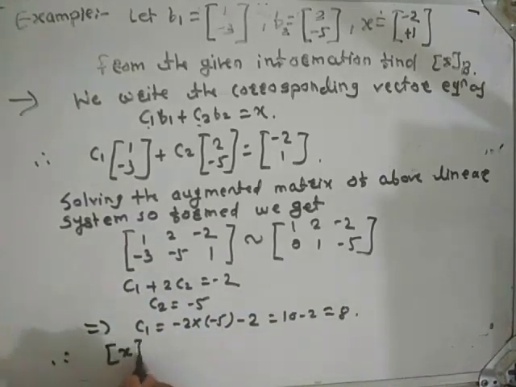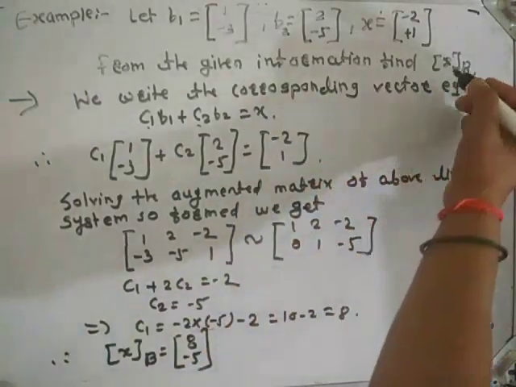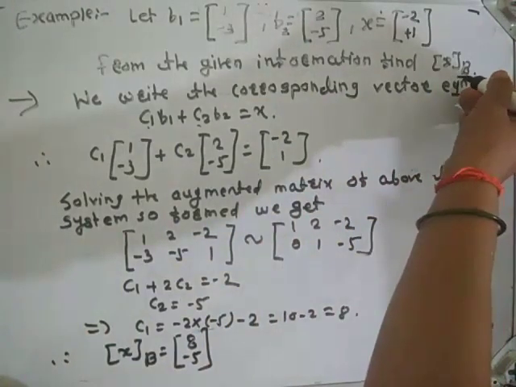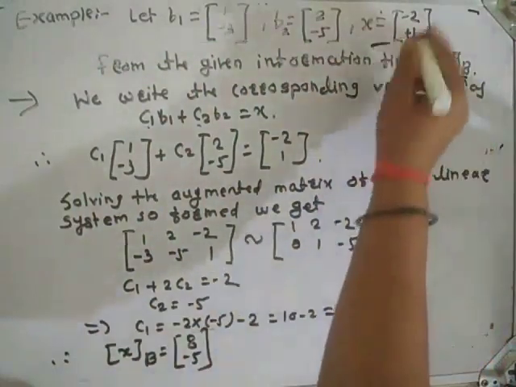Therefore, the coordinate vector of x relative to the basis B is the vector (8, -5). In some problems, we are given the coordinate vector of x relative to the basis, and the basis as well, and we have to find x.